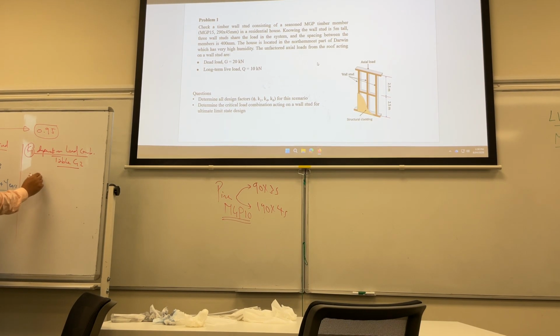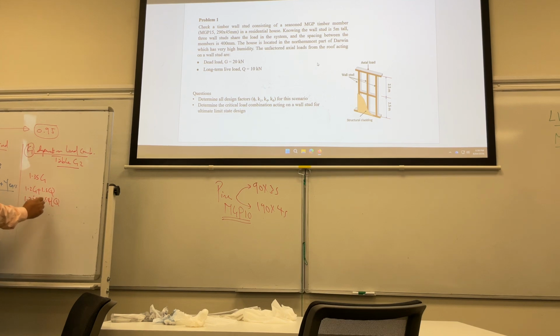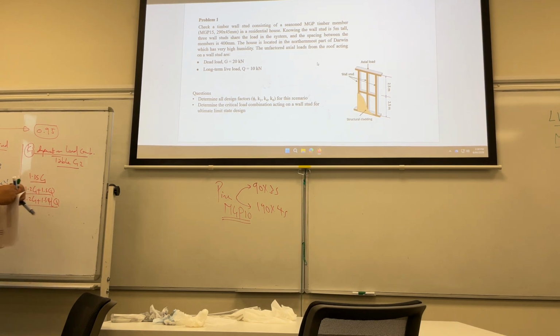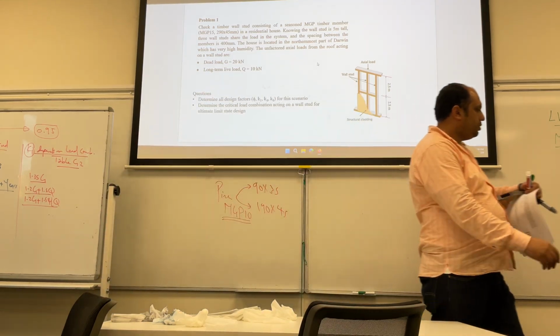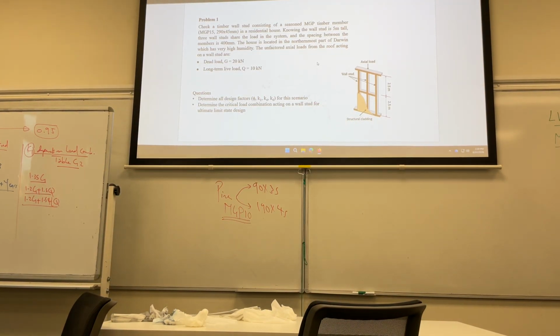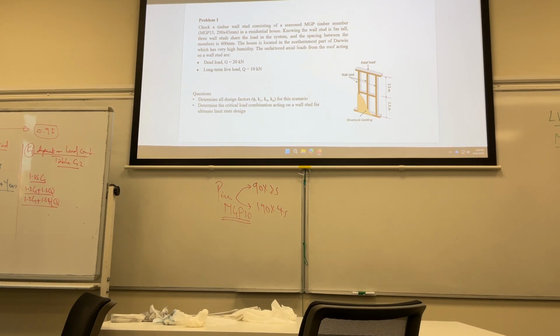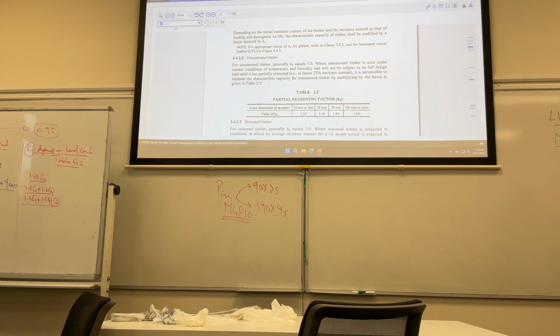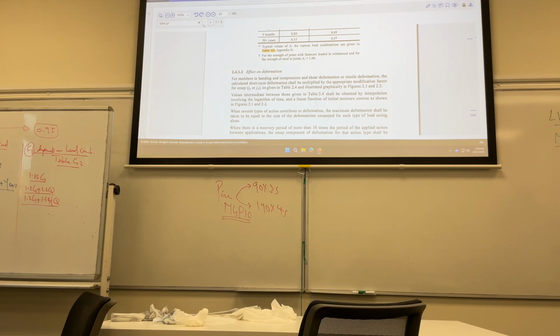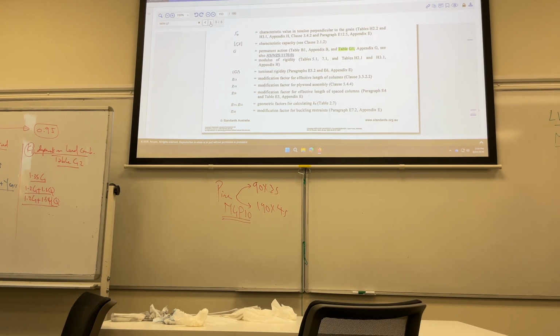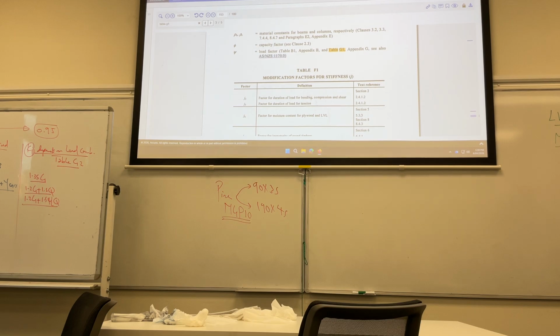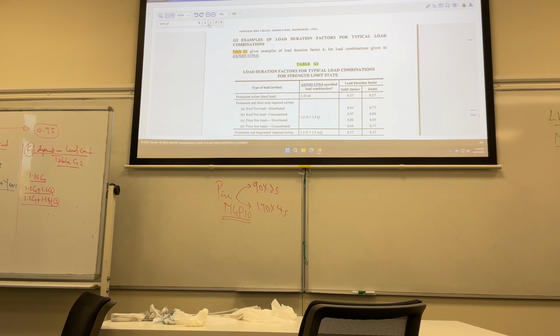We have 1.35G, 1.2G plus 1.5Q, and 1.2G plus 1.5 epsilon L Q. Where do I get this load combination from? Table G1. So this is table G1.